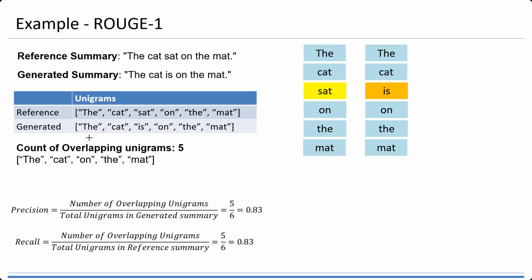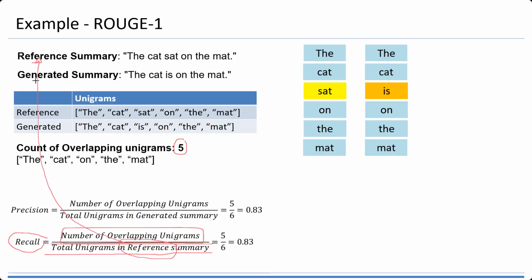What about recall? For the recall, we also look at the number of overlapping unigrams. The number of overlapping unigrams is 5. And we are going to divide by the total unigrams in the reference summary. So we are using the reference.